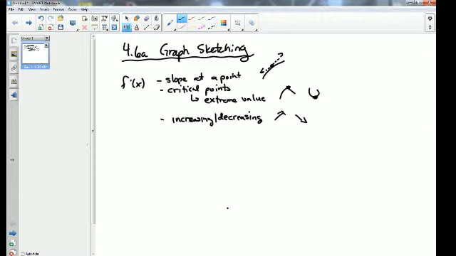Okay, what about the second derivative? Points of inflection. Yeah, we can calculate points of inflection, which would be somewhere right there between where a concavity changes. And we can determine concavity.